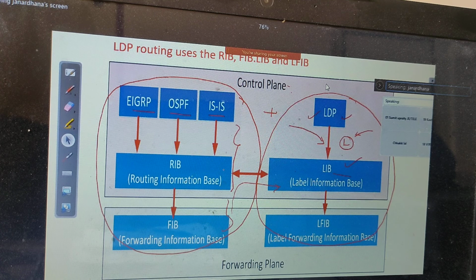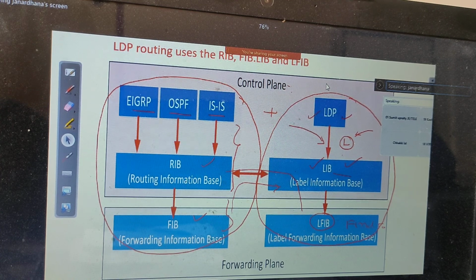Ultimately all this information is put into proper shape, and it maintains one table. That table is the final table. LFIB is the final table. This final table is created based on the parameters of the LIB as well as the RIB and the FIB. All these three together create the final table.